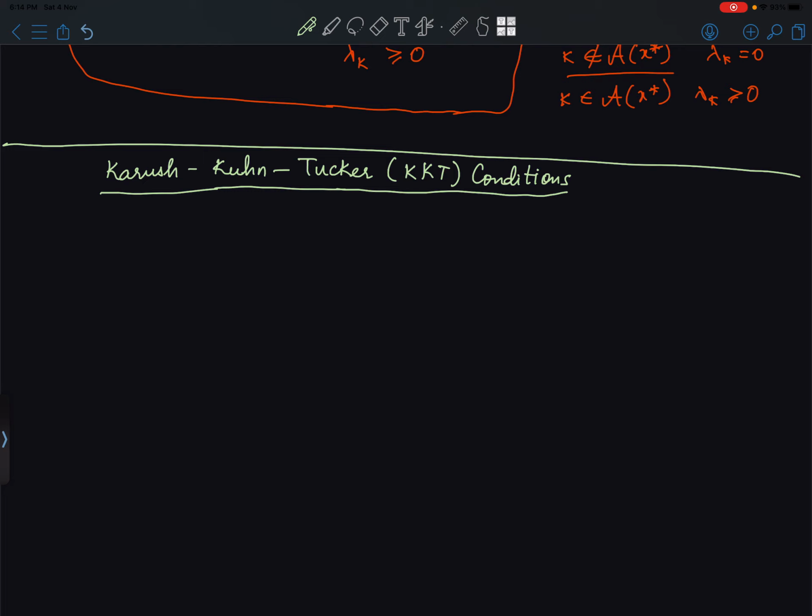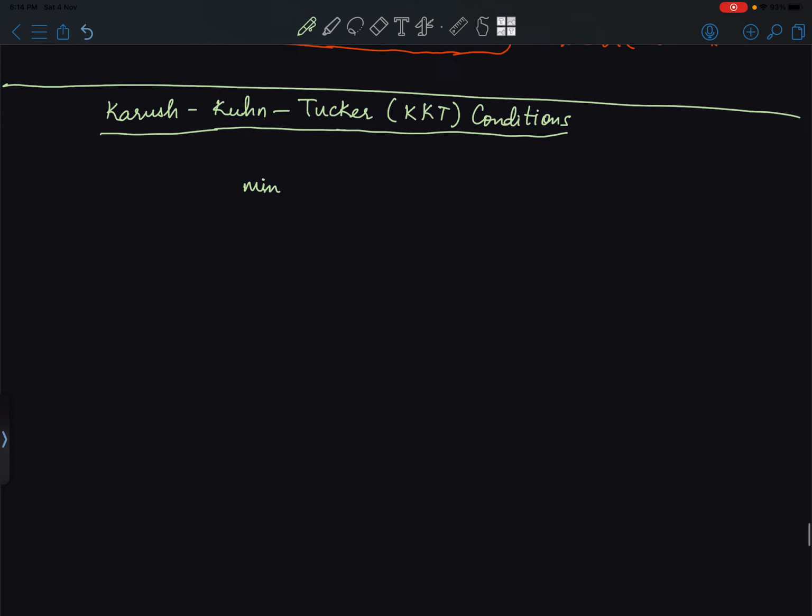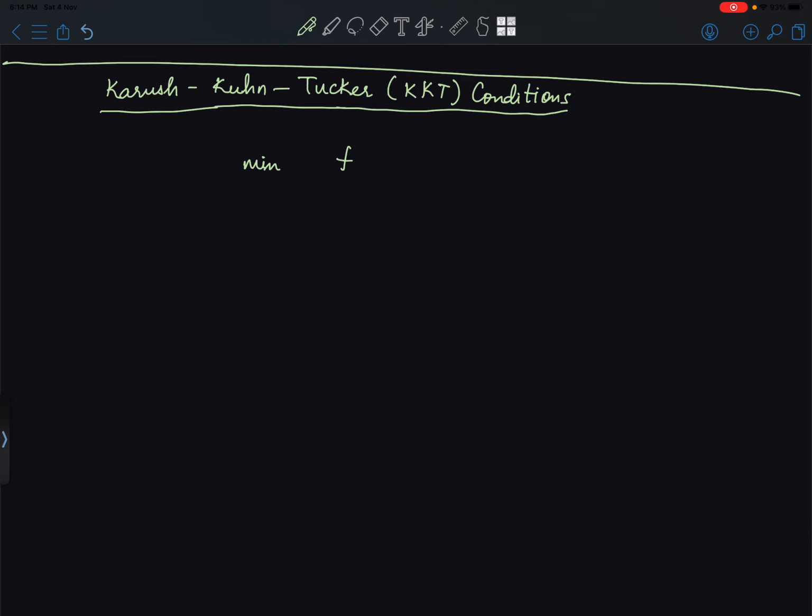So let me just formally state the conditions again. For the constrained optimization problem, minimizing f(x) subject to conditions of h j(x) less than or equal to 0 for all j belongs to 1 till L, and x belongs to R^n.